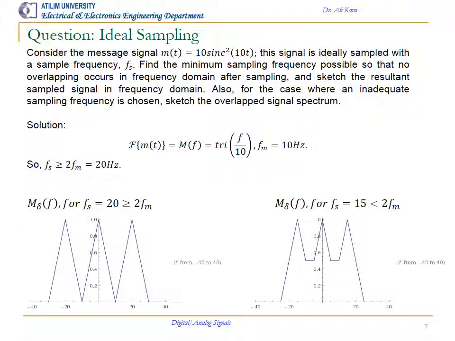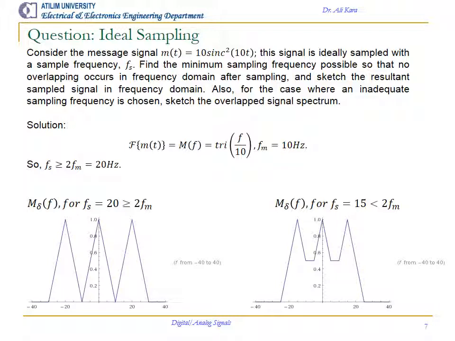Question: ideal sampling. Consider the message signal m(t) = 10 sinc²(10t). The signal is ideally sampled with sample frequency fs. Find the minimum sampling frequency possible so that no overlapping occurs in frequency domain after sampling, and sketch the resultant sampled signal in frequency domain.